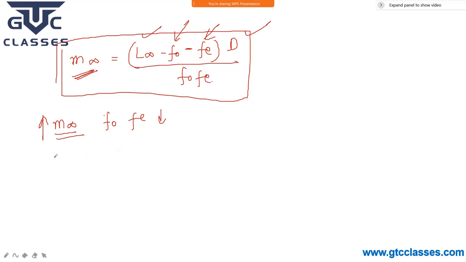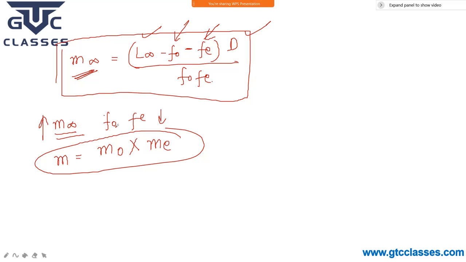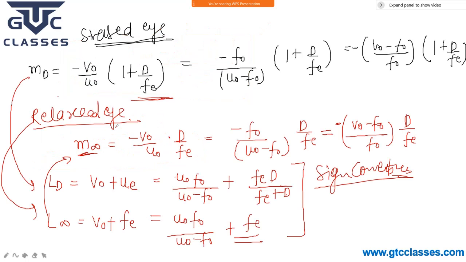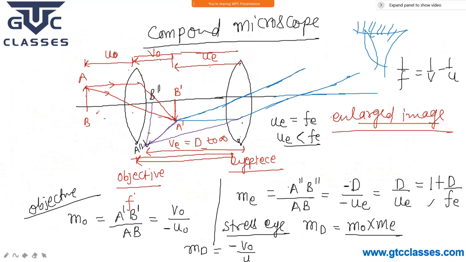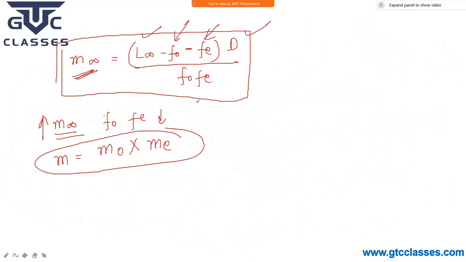And we have already learned that magnification is nothing but magnification of objective into magnification of eyepiece, all the time. Now suppose if I exchange both these lenses, will there be any change in power? I'm asking, will the magnification power change?